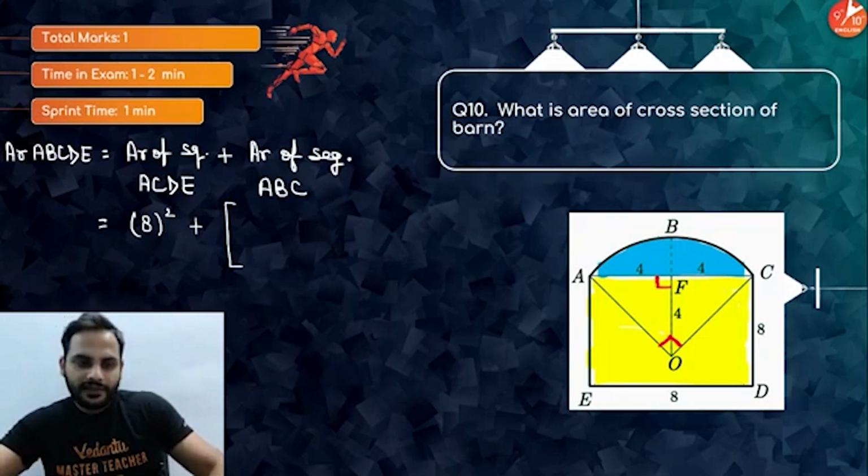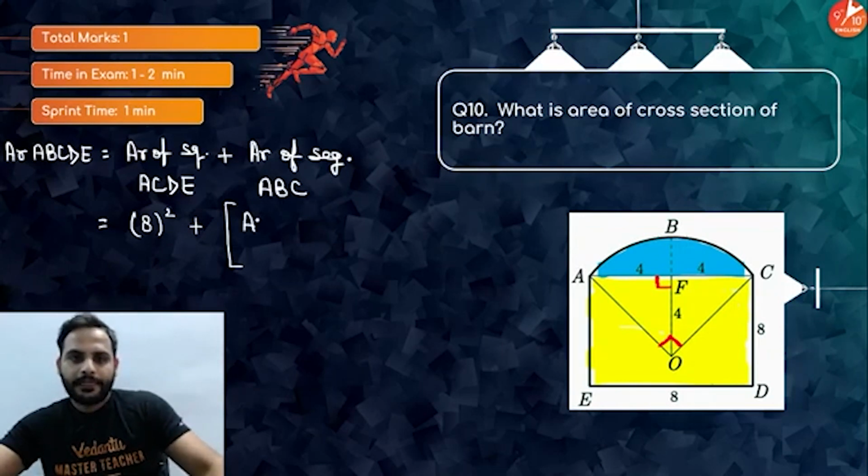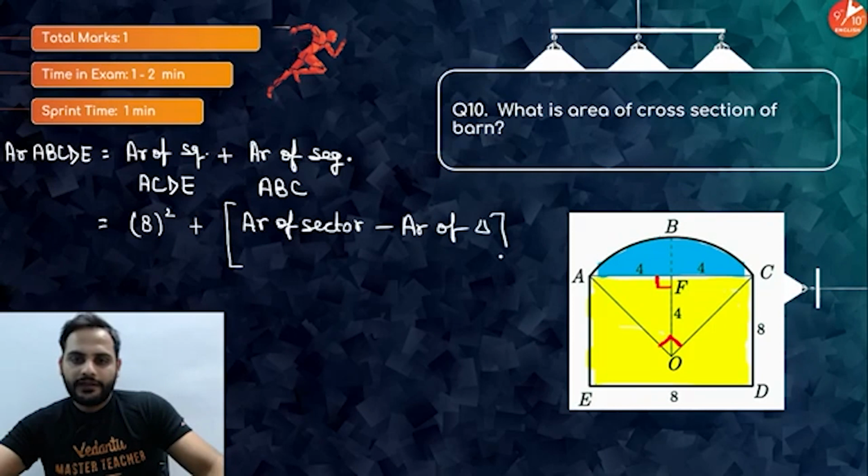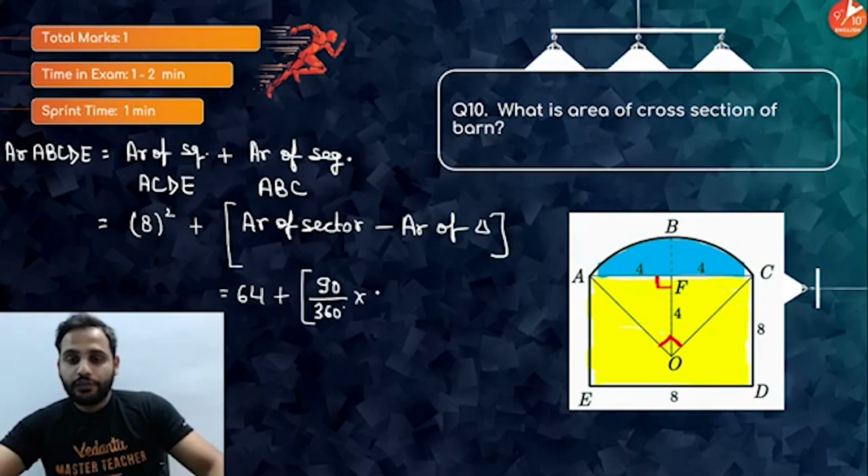So I can say, area of sector minus area of triangle. So 8 square is 64. Area of sector will be 90 by 360 into pi into r square. Radius square is what beta? Radius is 4 root 2.